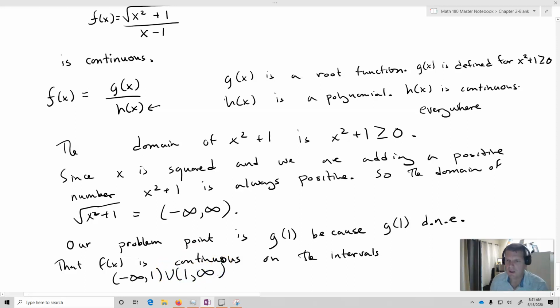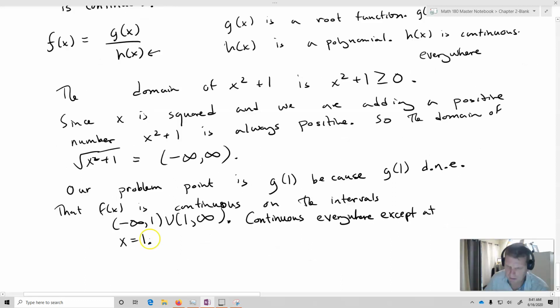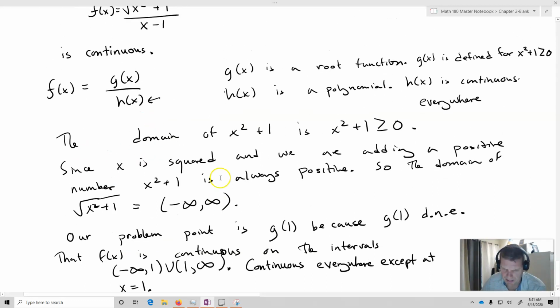So as long as we pull the 1 out of the domain, then what we get is something that's continuous everywhere except at 1.